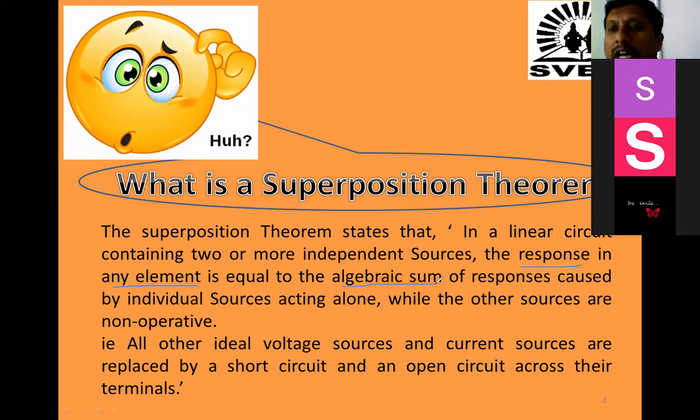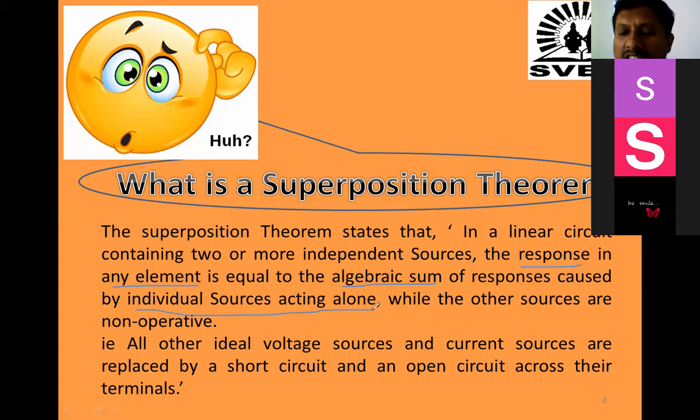So it is equal to the algebraic sum of responses caused by individual sources acting alone. The response in any element is equal to the algebraic sum of responses caused by individual sources acting alone while other sources are non-operative.